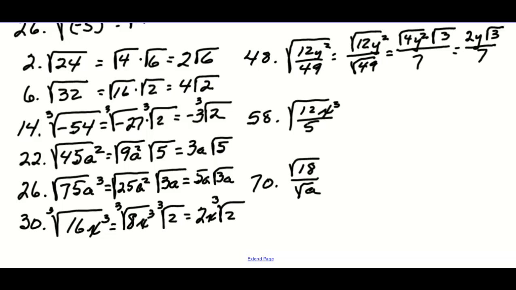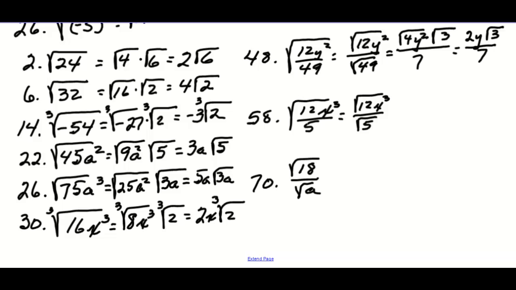What we're talking about with 58 and 70 is called rationalizing the denominator. Because I don't have a perfect square in the denominator, I want to create one. And the way I create one is I will take again and make this the square root of 12x cubed over the square root of 5.